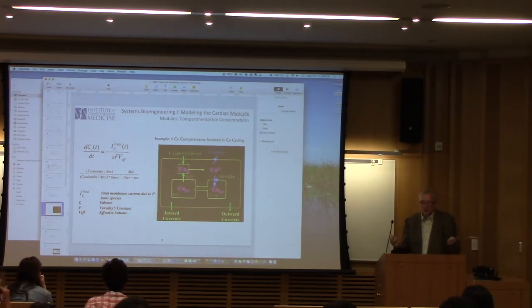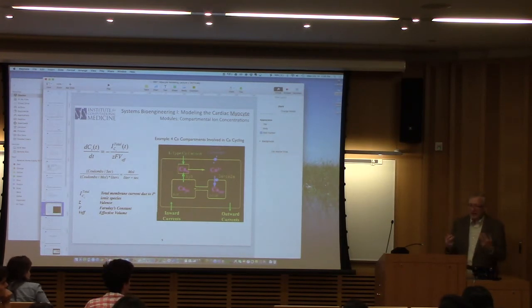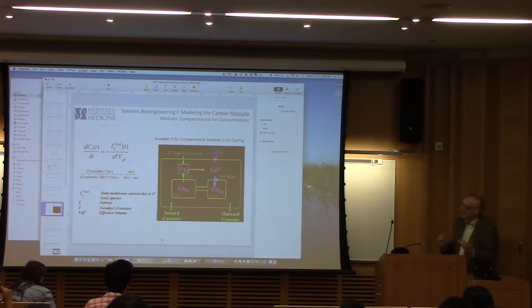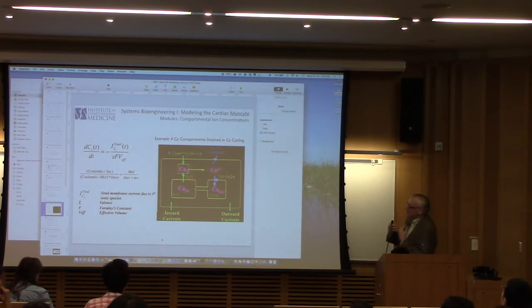Virtually every model of the myocyte makes the assumption that these cells are sufficiently compact that membrane potential and ion concentrations in the cytosol are equilibrating quickly and changing everywhere in the same compartment at the same time. So that assumption is made within the cytosol. Calcium is equilibrated throughout the cell, and however it's changing in time, it's changing uniformly everywhere within the cytosol of the cell. There are three other calcium compartments shown here.